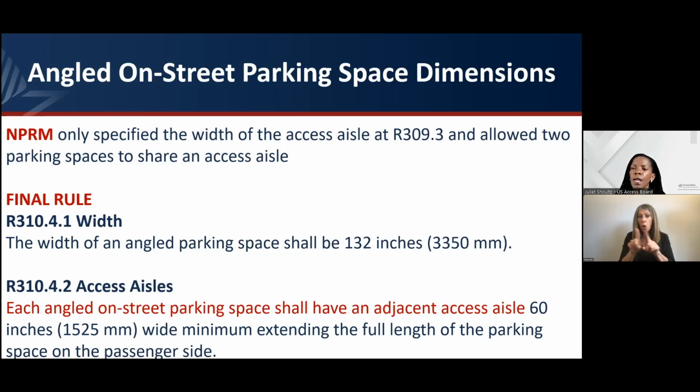We've also specified in R310.4.2, which is a change from the NPRM, in terms of the access aisle. In the final rule, we state that each angled on-street parking space must have an adjacent access aisle 5 inches minimum wide, extending the full length of the parking space. And the access aisle should be placed on the passenger side.